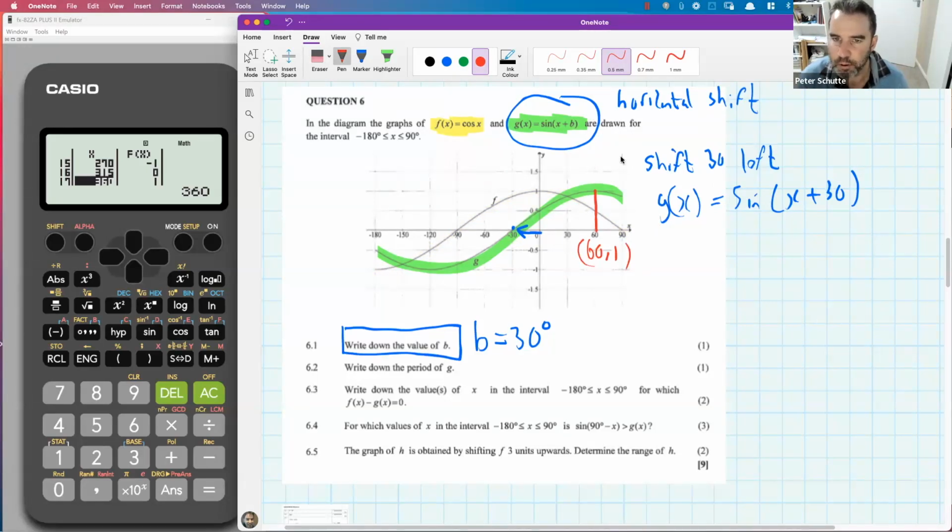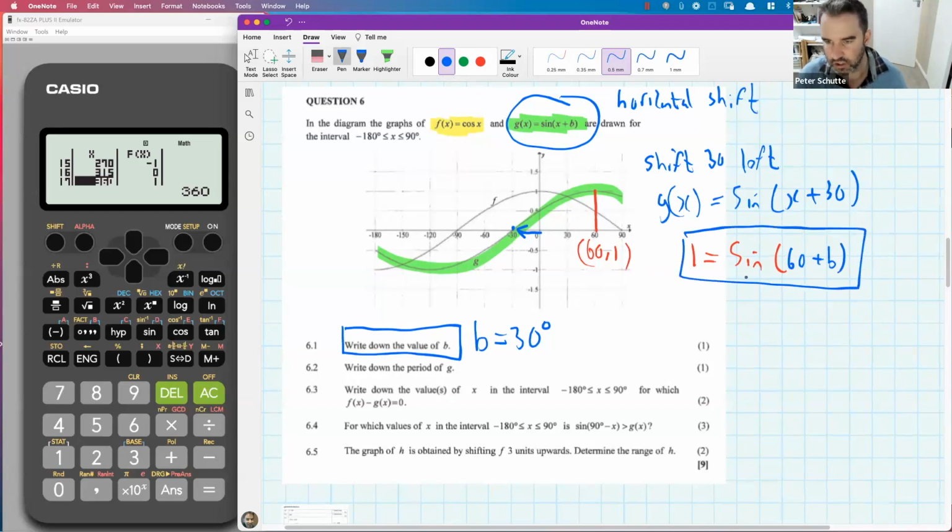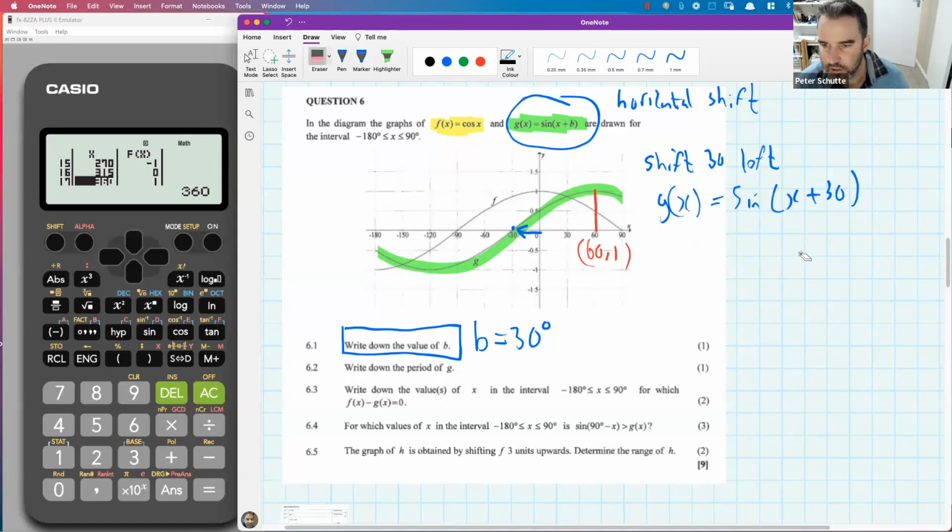And if I put it into this graph, so if I go 1 equals the sine of x, oh, x is going to be, sorry, 60. So it'll be 60 plus b. I could then solve this as a trig equation to find what b is. Okay, so that's the other possibility. But I think the easiest way is just to visually look at it and see how much it's moved left or right. And so that's what I'm going to recommend for now.